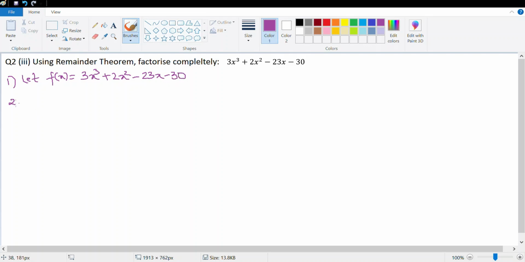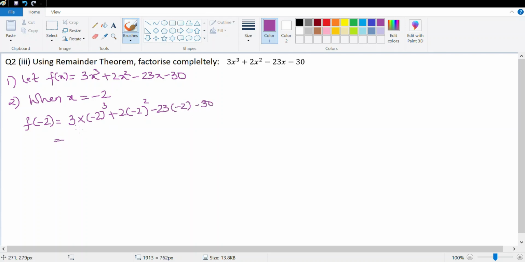Let's take by hit and trial method, let's take the value of x is equal to negative 2. So when x is equal to negative 2, f of negative 2 would be equal to 3 times negative 2 cube plus 2 times negative 2 square minus 23 multiplied with negative 2 minus 30.